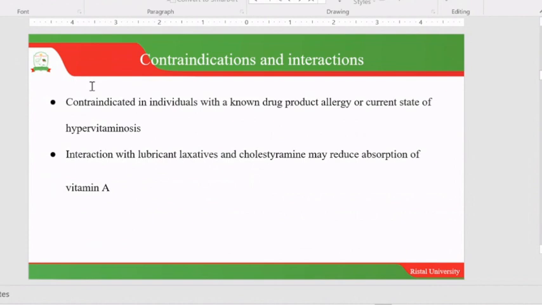Right, so now let's look at the contraindications of vitamin A, when not to give vitamin A. This is contraindicated for individuals who may have a drug product allergy and are in a current state of hypervitaminosis, when there is a lot of vitamin.